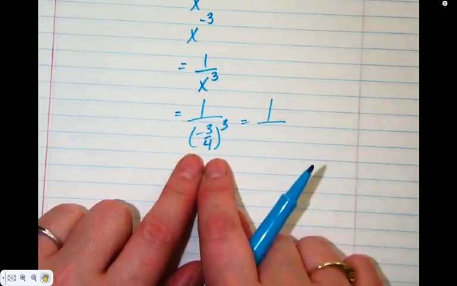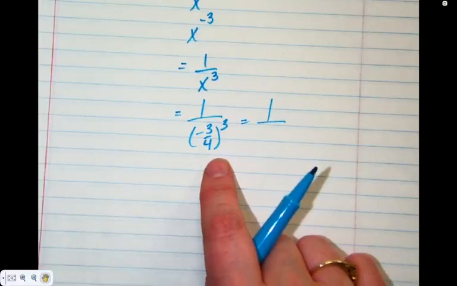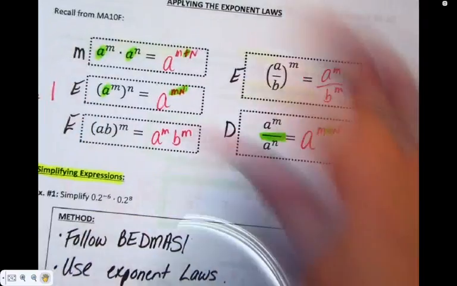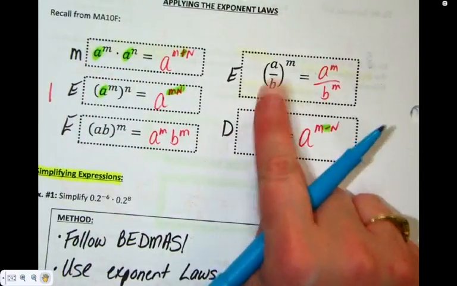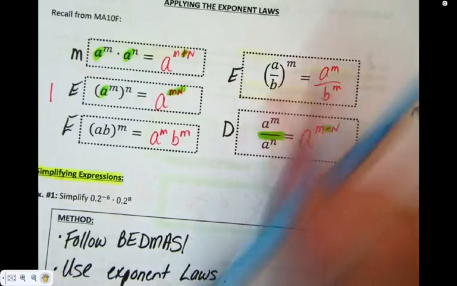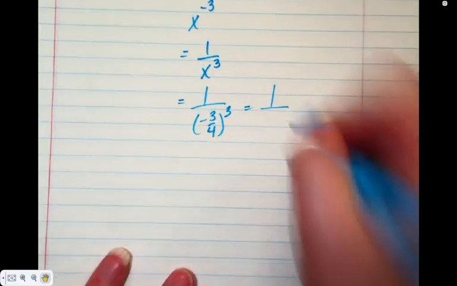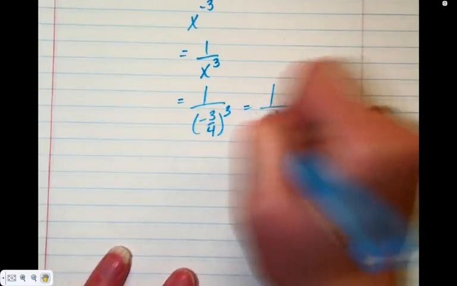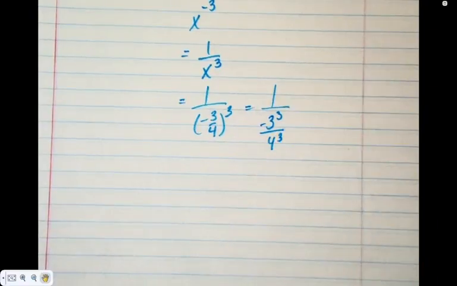What does it say? Which of these does it look like? This one. What does it say? Not really multiply them out, but give the exponent to each part. So I can write this as negative 3 to the 3 and 4 to the 3.